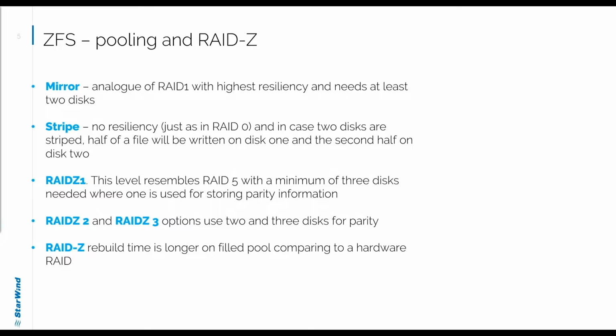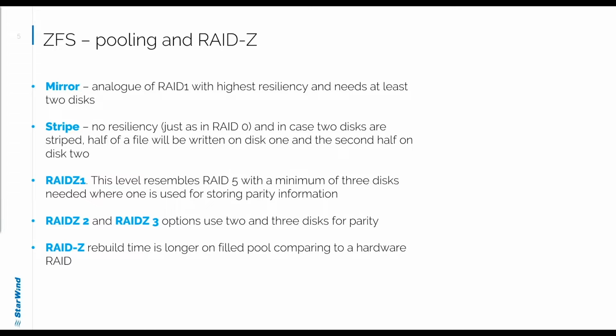RAID-Z3, for example, can be a good fit for storing mission critical data, while RAID-Z2 will be beneficial in terms of performance when comparing RAID-Z2 and RAID-Z3. Accordingly, RAID-Z2 requires at least 4 disks and will use 2 for the parity, and RAID-Z3 requires at least 5 disks. RAID 10 is basically 2 mirror stripes.